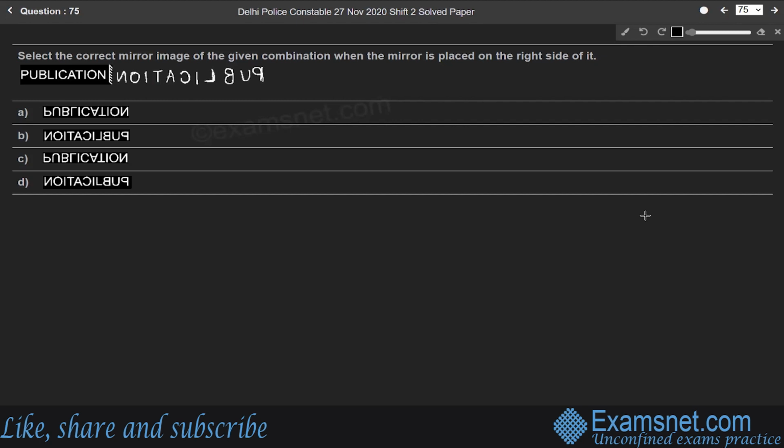Hence, look at option B. So, option B is the right answer.